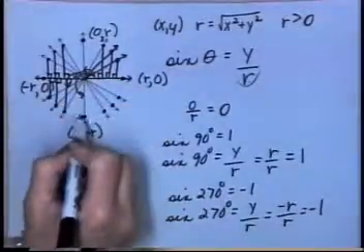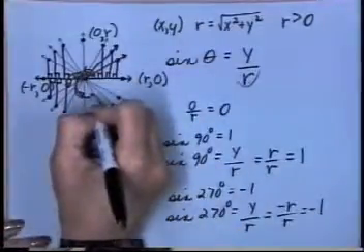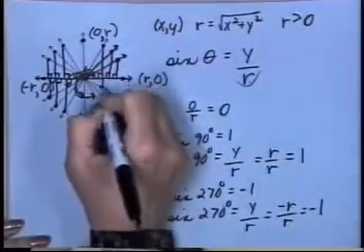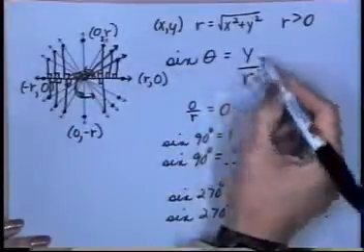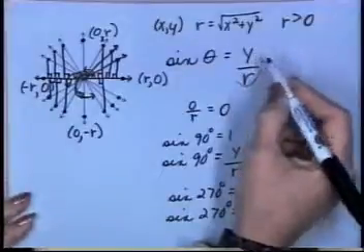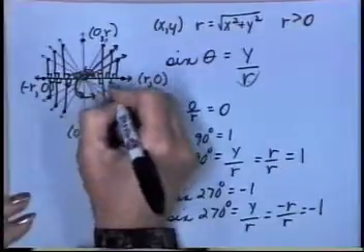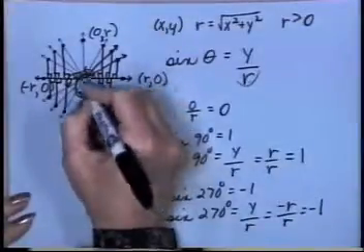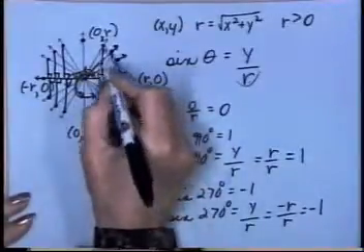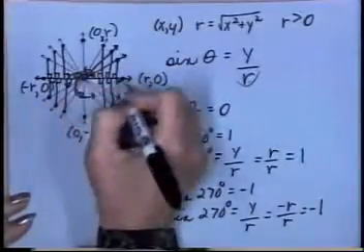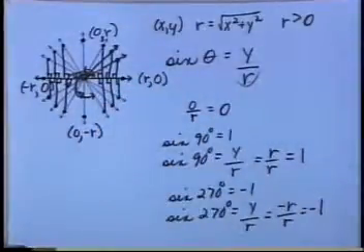So for 270, our sine is negative 1, but then look what happens if we go further. What about this y? It's negative, but y is less than r, so this would be a negative fraction between negative 1 and 0. What about if we move on here? This y is less than r, and what about here? Y is less than r, and on up to around to 360, where of course we know the sine of 360 gets us back to 0 again.